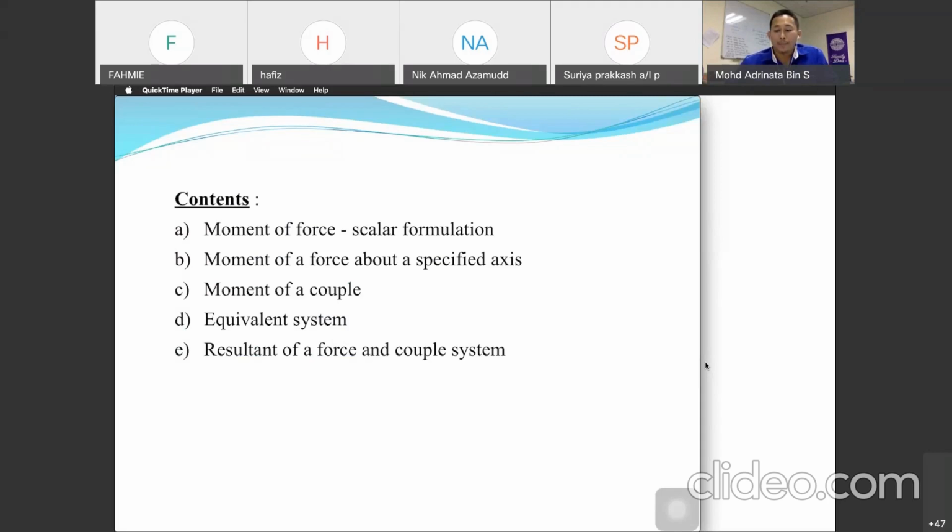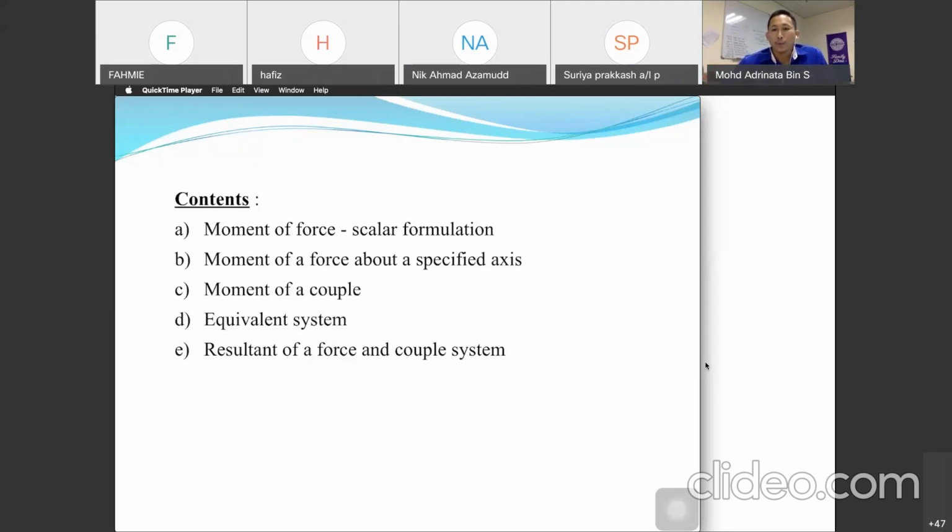Okay, moment is actually we have our force acting far away from our point. So the force that is far away from our point has a distance.